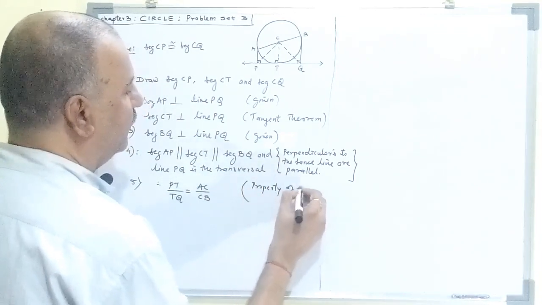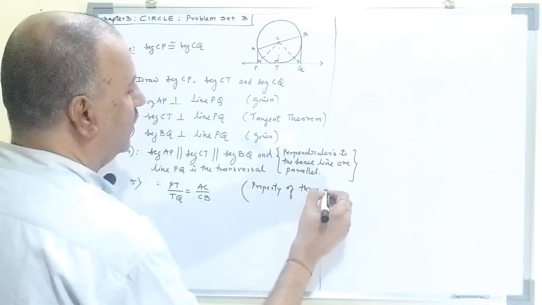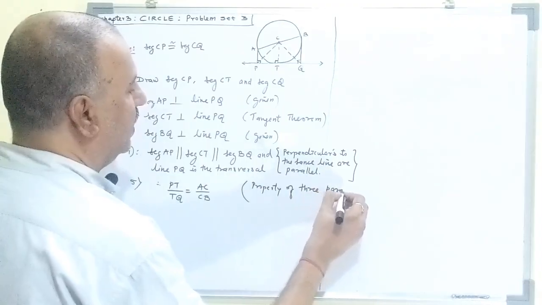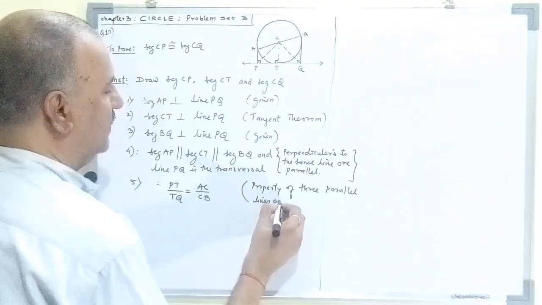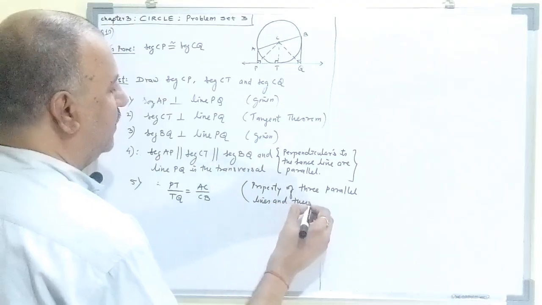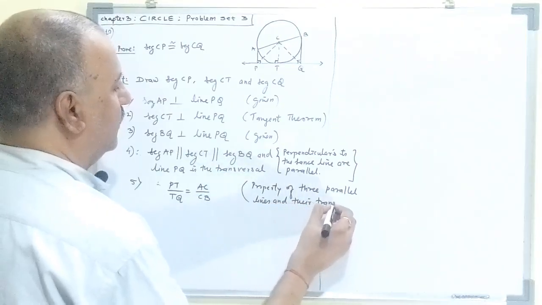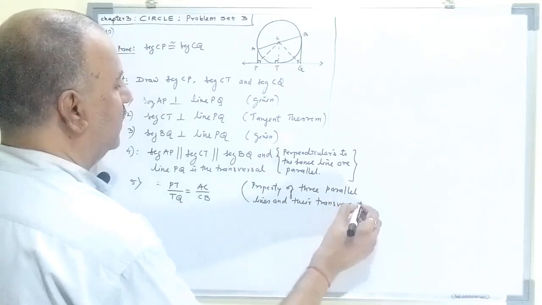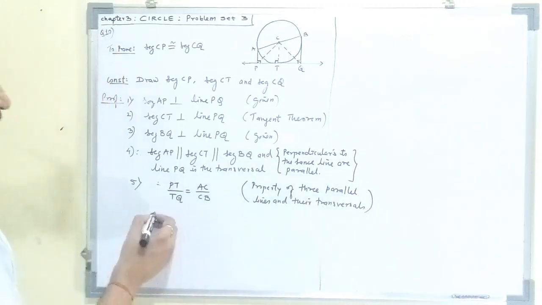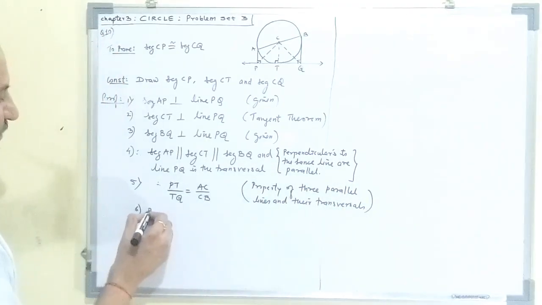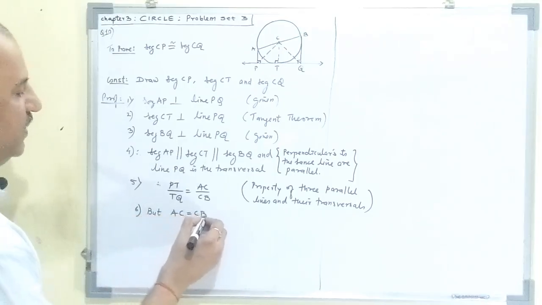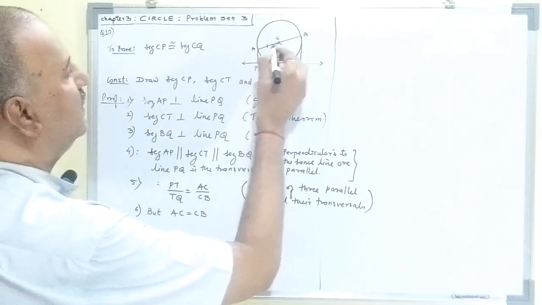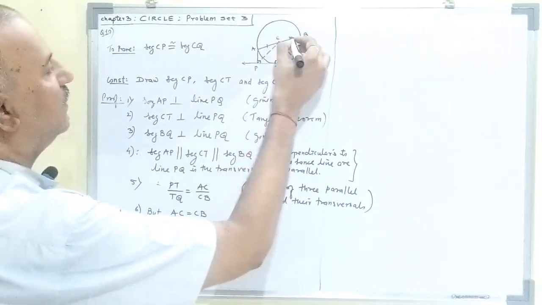Property of 3 parallel lines and their transversals. Statement number 6, but AC equal to CB. देखो AC and CB are equal.